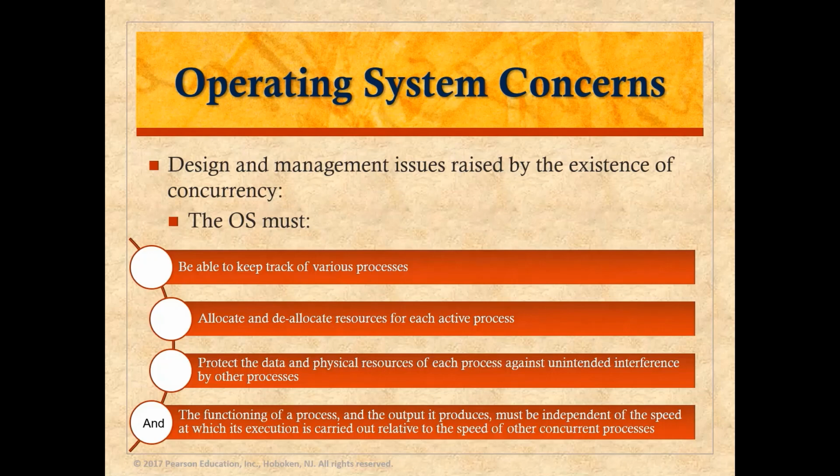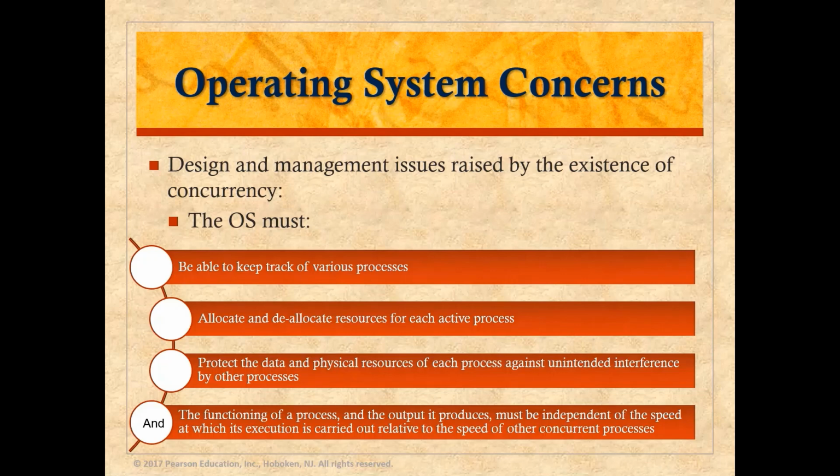At times, processes will ask for resources such as processor time, memory, files, and I/O devices. The third one is that the OS must protect the data and physical resources of each process against unintended interference by other processes, because we have lots of processes in memory, each having the right to execute. We have the sequence, so we need to make sure that there is no interference between them. All the techniques related to memory, files, and I/O devices we will go through in the next topic.